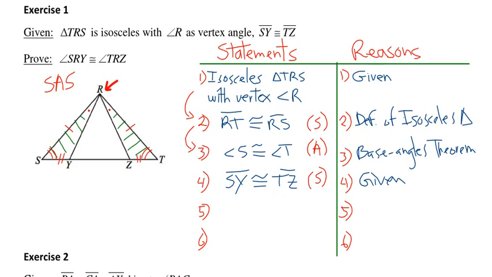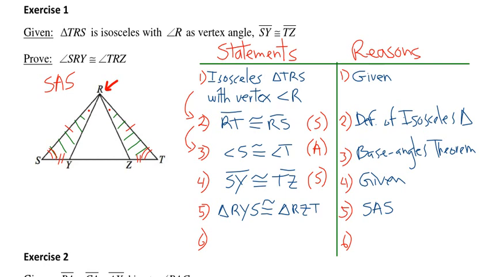Therefore, I can make the conclusion that triangle RYS is congruent to triangle RZT because of the side angle side criteria.